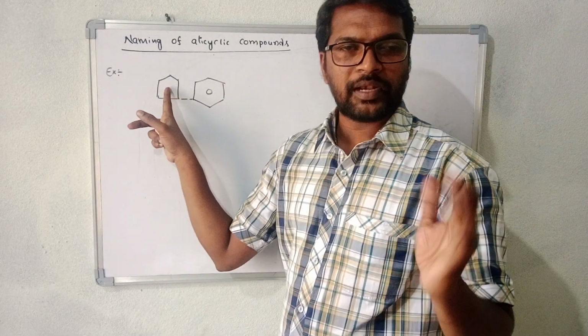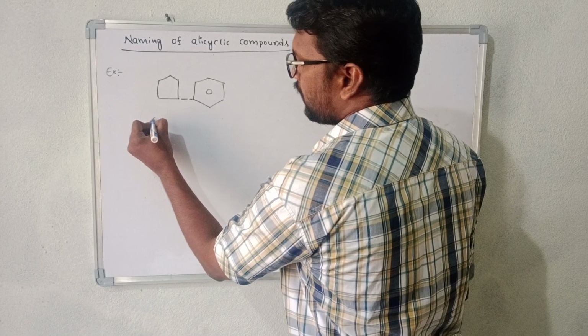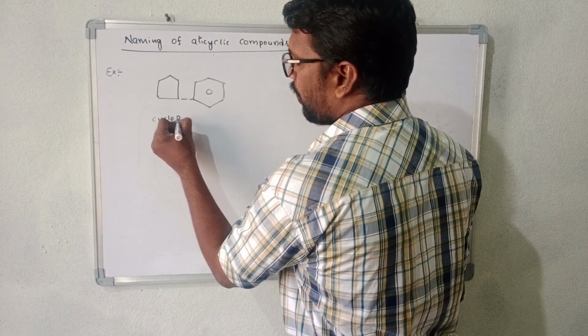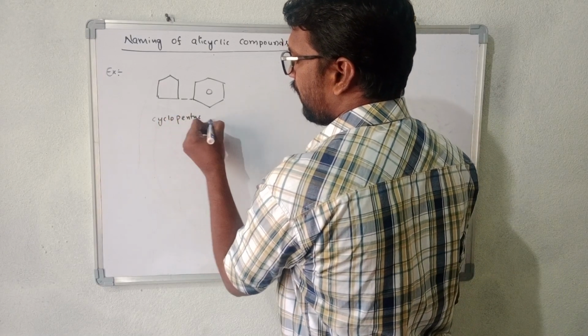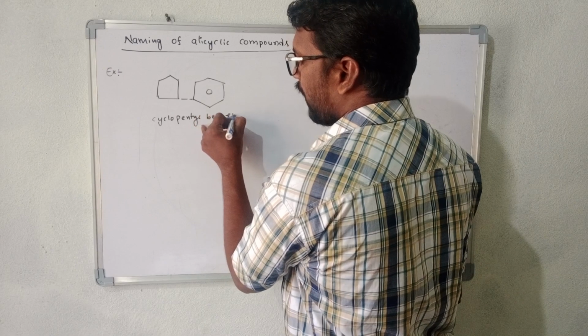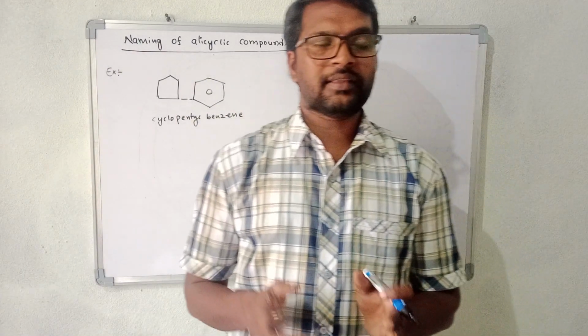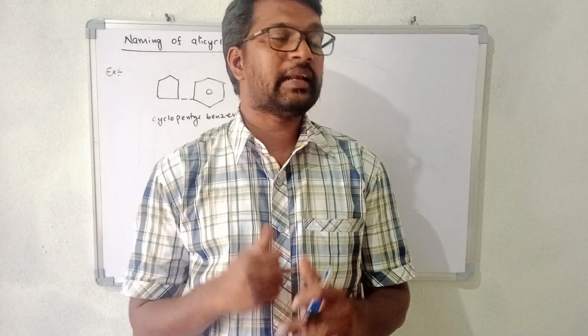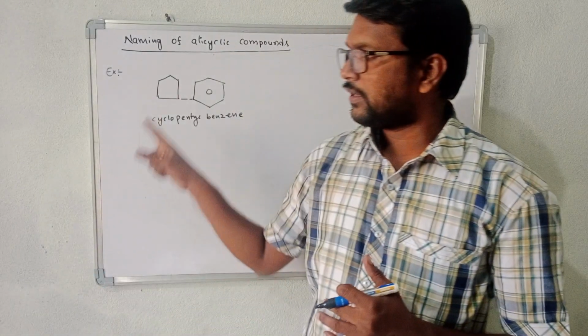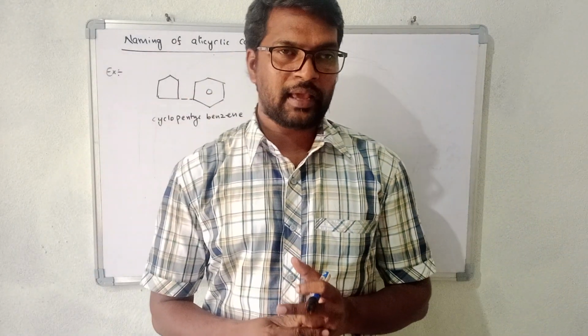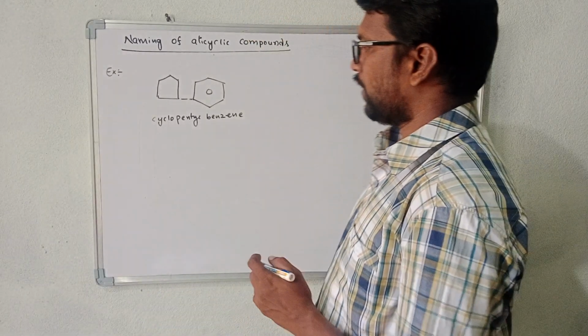Whenever a cyclic group is attached to a benzene ring, compulsorily the cyclic group is taken as a substituent. So we write its name cyclo, 5 carbons means pentyl, and here it is benzene. So its name is cyclopentylbenzene. That means whenever a cyclic ring is directly attached to a benzene ring, in that condition the cyclic ring is taken as a substituent. Okay, it is one example.